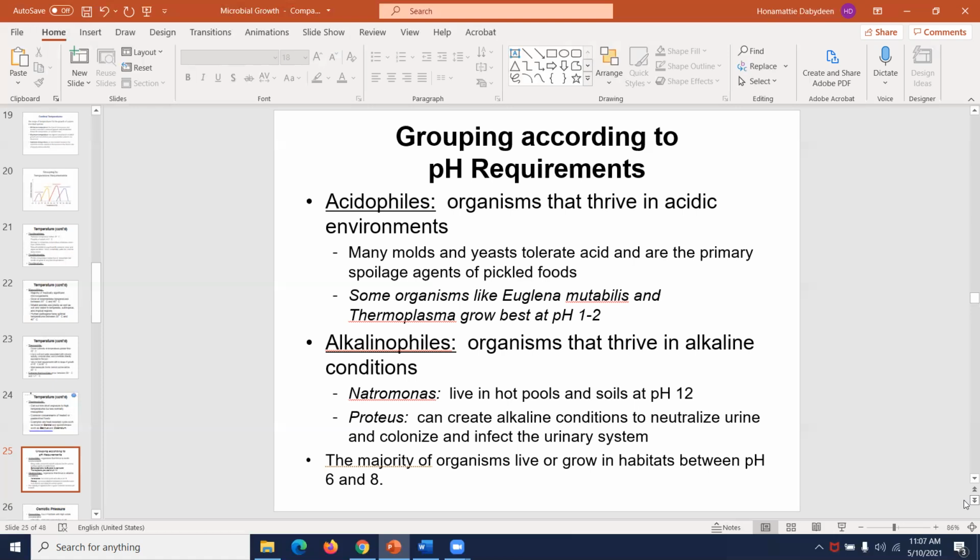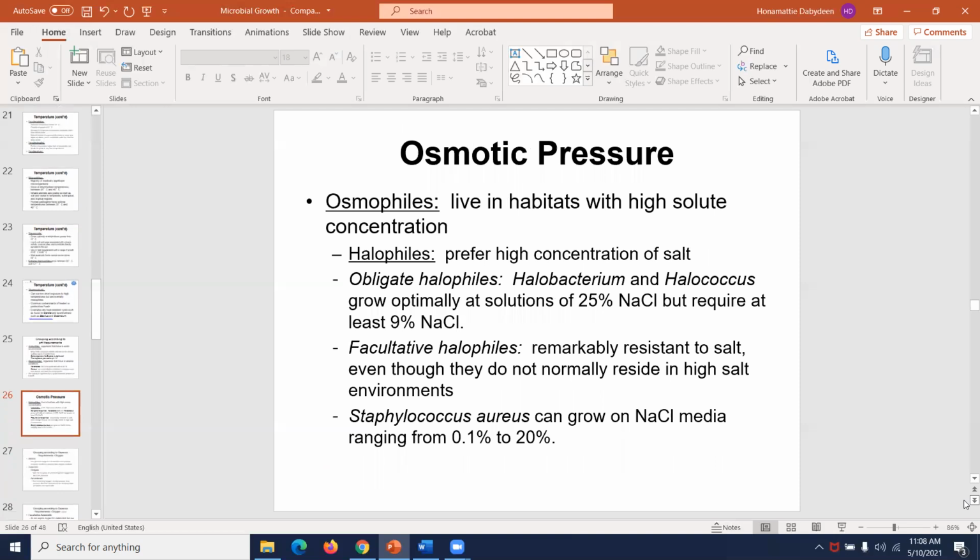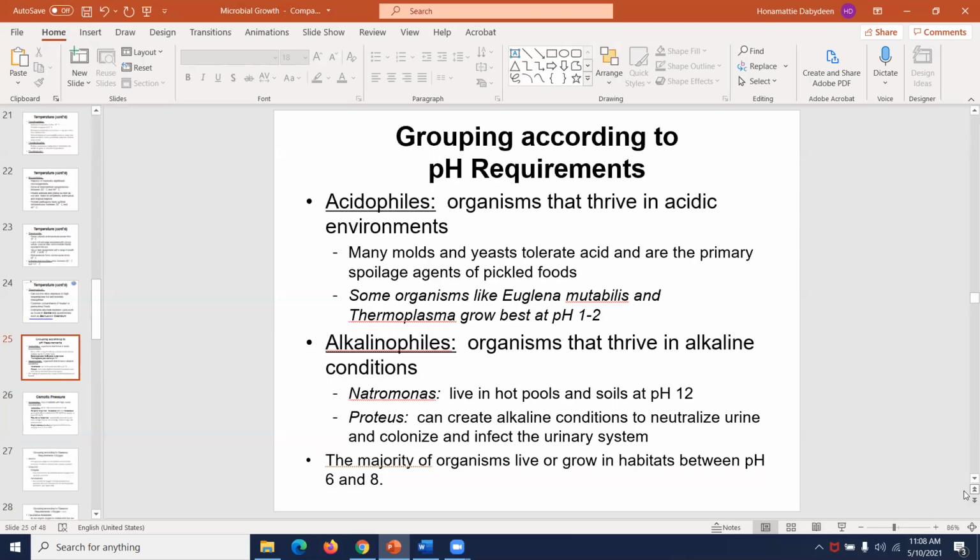The majority of the organisms we're going to be cultivating in the lab or learning about grow between pH 6 and 8. Most of the time, we call them the neutrophiles. I don't have a slide for the neutrophiles, but like I said, the majority of the organisms like pH between 6 and 8. Those are the ones we call neutrophiles. Maybe I can put the word there for you, so you know what we're talking about.